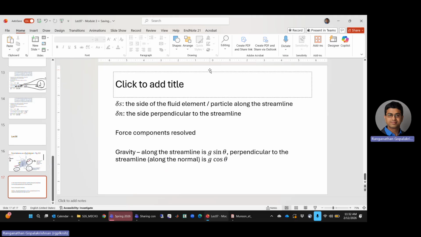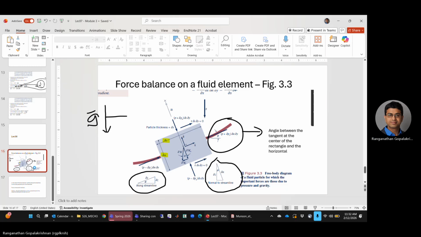I'm not going to make you do the full work of putting the equations together. This is G sine theta, the component along the streamline.